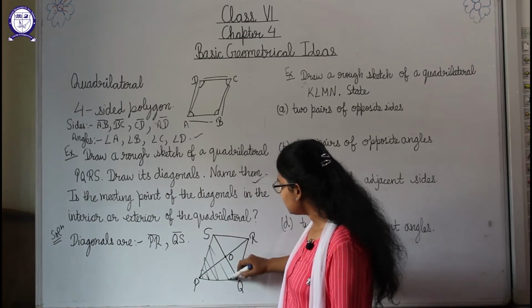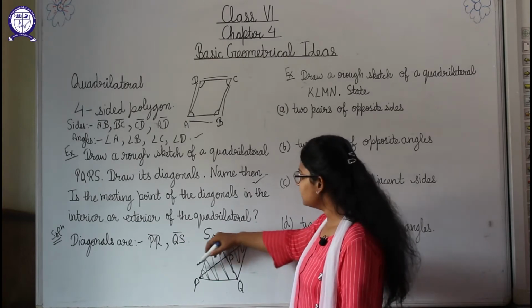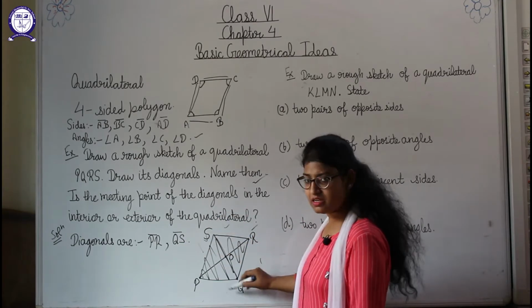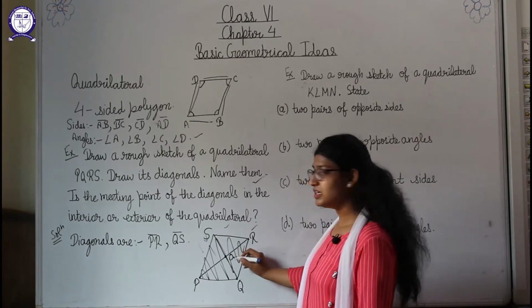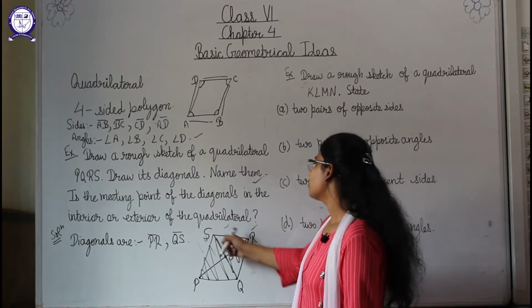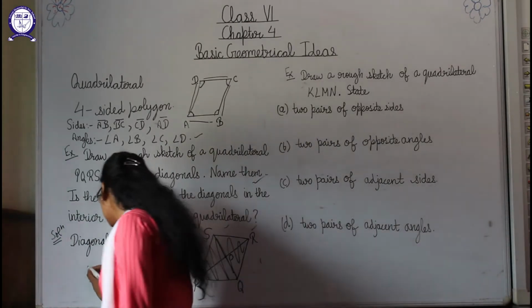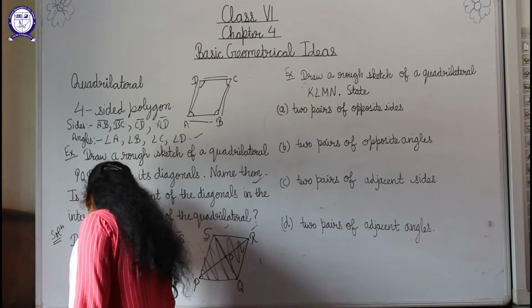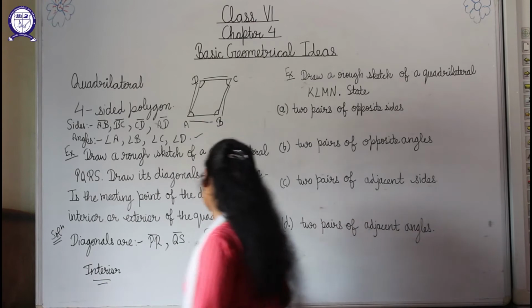This one is the interior part within the boundary. This whole is the interior part and this outside part is the exterior. So now you can tell that O lies in the interior of the quadrilateral. So we will write that the meeting point of the diagonals is in the interior of the quadrilateral.